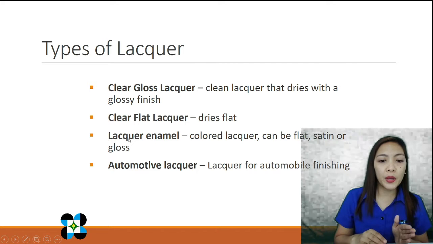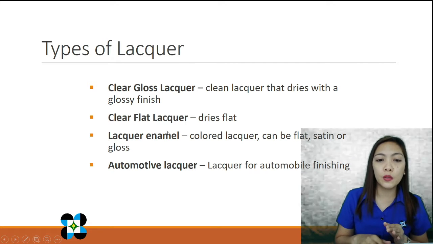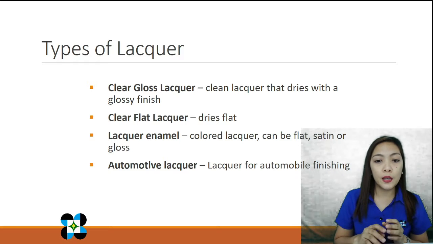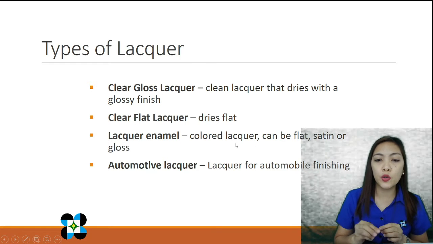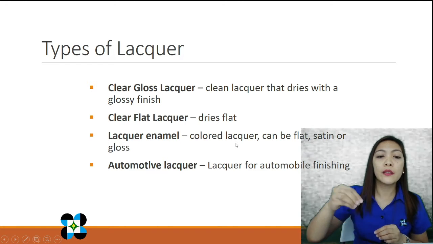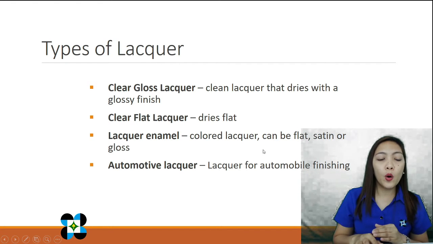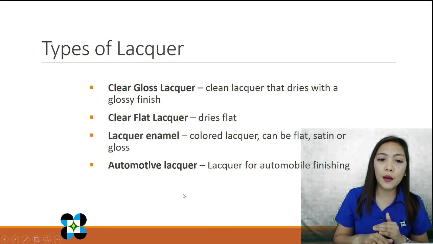Yung lacquer enamel naman, well, it's also used in wood. However, this is for painting because it is a colored lacquer. No? So, yung lacquer basically is the binder. So, it can also be flat, satin, or gloss. Also, sa wood finishing, there are some that use automotive lacquer.